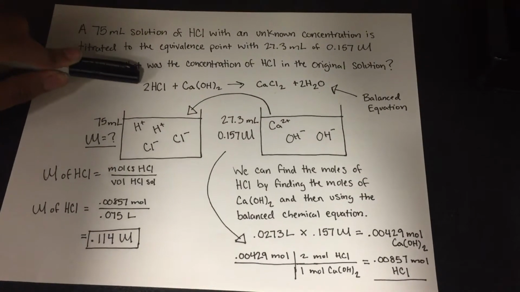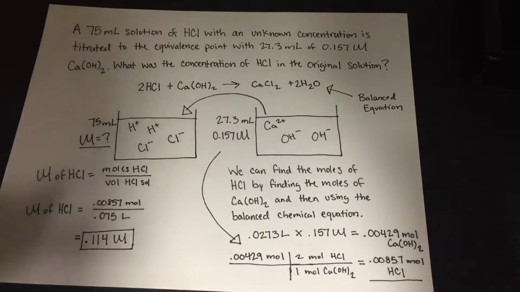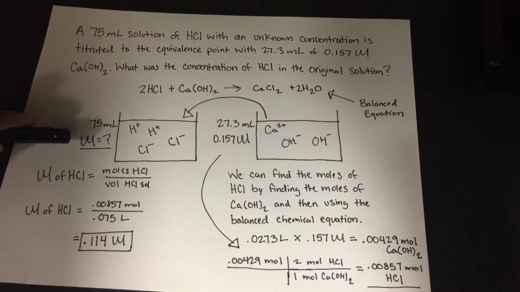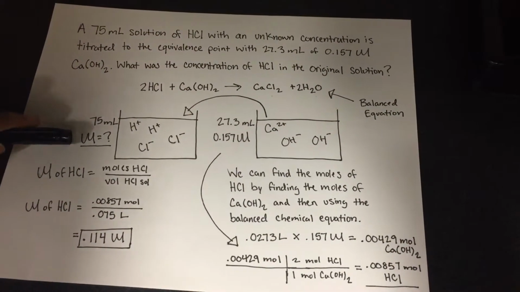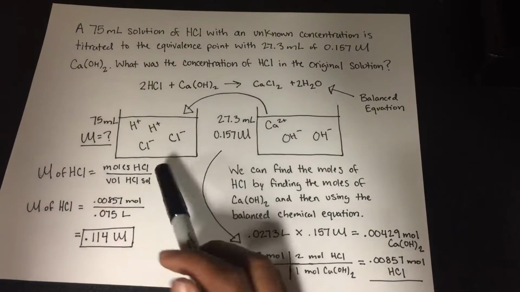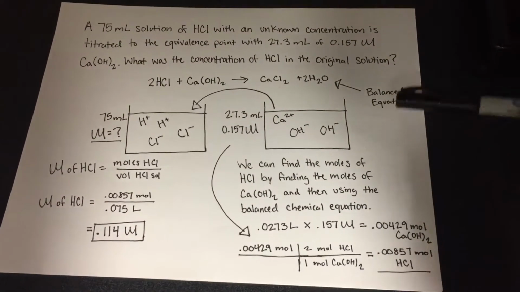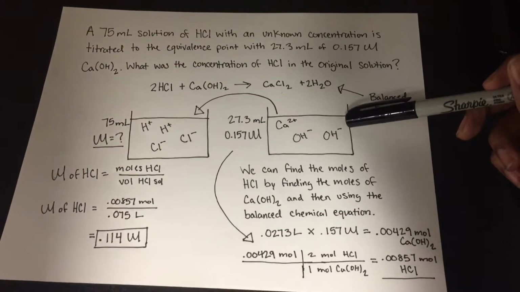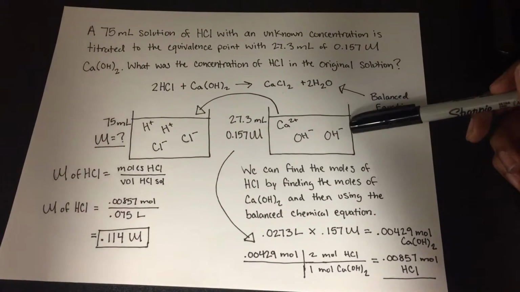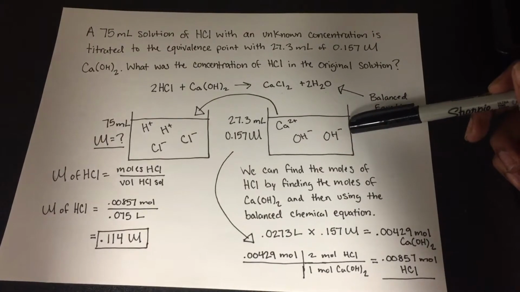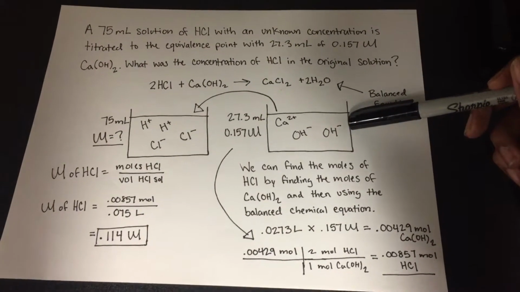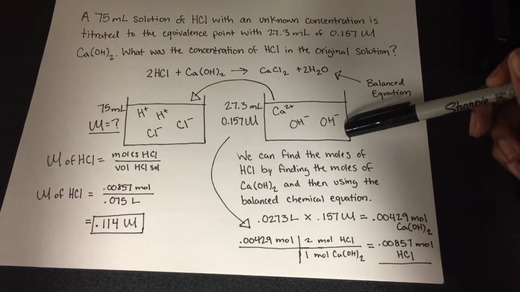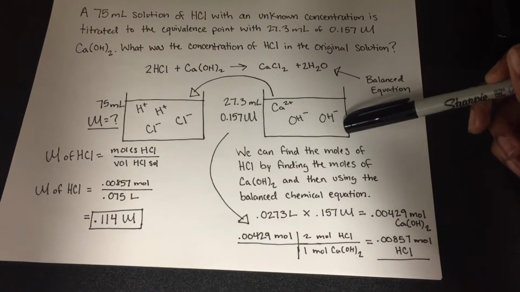Based on our balanced equation, we have 2 moles of hydrochloric acid, and we don't know the molarity or the concentration of this solution. And this solution is being titrated with a solution of calcium hydroxide. Now this solution of calcium hydroxide has 27.3 milliliters in it and is 0.157 molar.